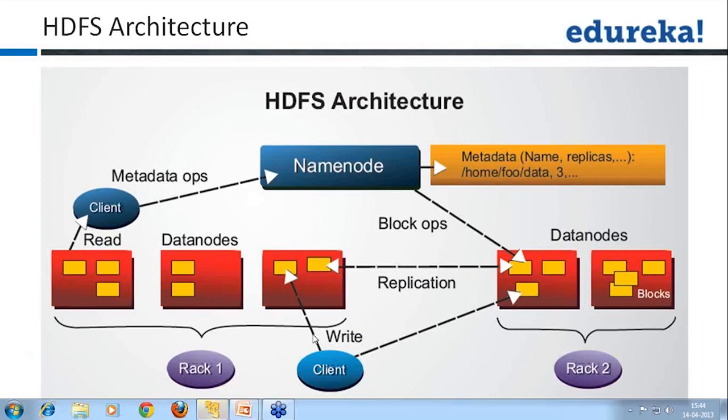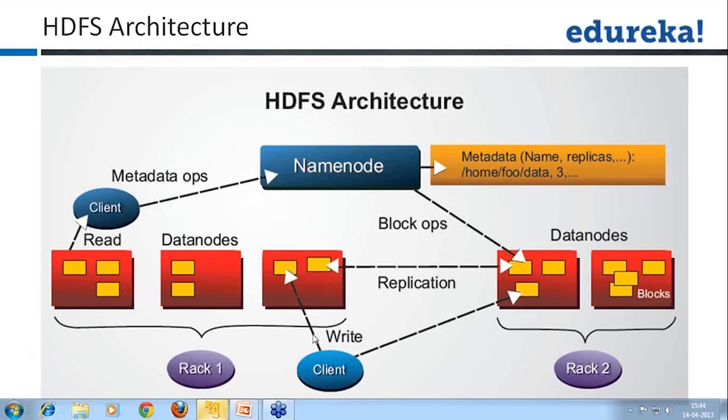But secondary name node is not a substitute of a name node. Okay, so if the name node fails, the system goes down, and that is the case in Gen 1 Hadoop. I'll tell you what happens in the Gen 2 Hadoop, but for now, let's try to understand that name node is a single point of failure. There's no backup name node.